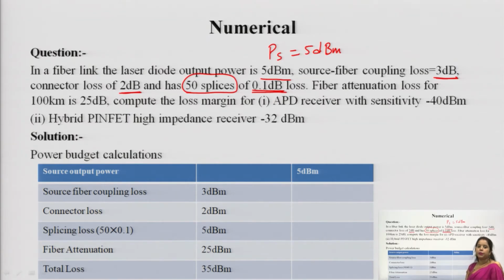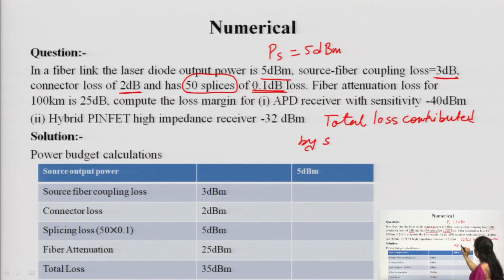So, the total loss contributed by splices will be equal to the loss contributed by one splice, that is 0.1, into the total number of splices, which is 50.